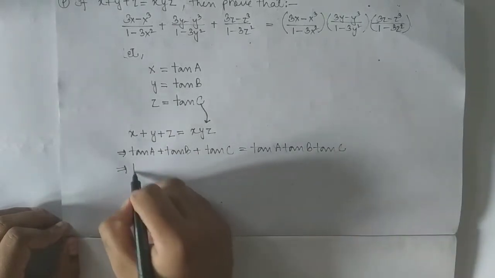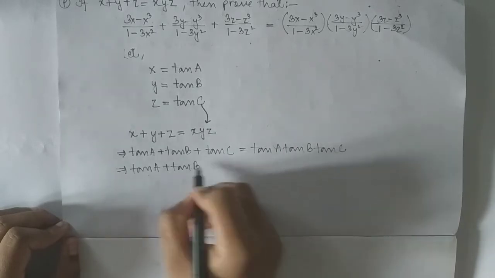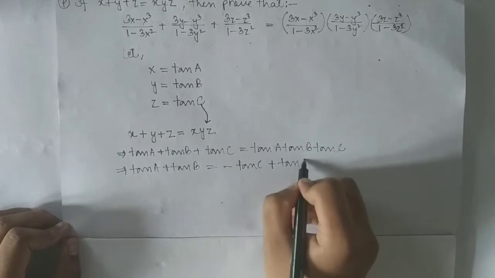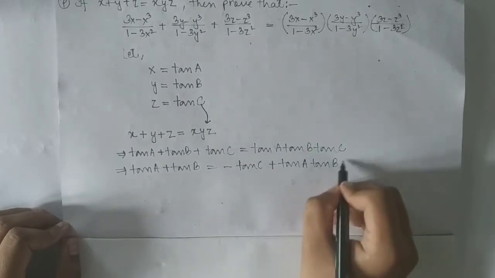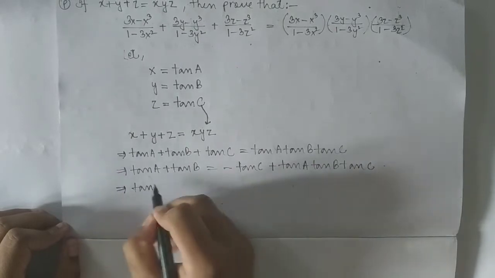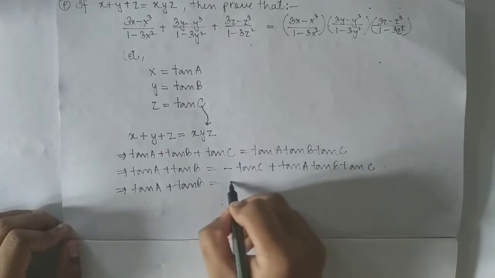Then I rearrange this equation such that it becomes tan A plus tan B is equal to minus of tan C plus tan A, tan B, tan C. Now let me take minus of tan C common on the right hand side.